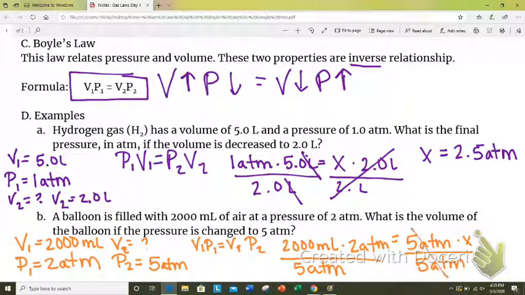So I can cancel those on the right. What you need to do to solve is take 2,000 times 2 ATM, divide that by 5 ATM. Our X will then be equal to 800 milliliters. And like we predicted before we even solved, our pressure went up. In order for pressure to go up, volume must go down.